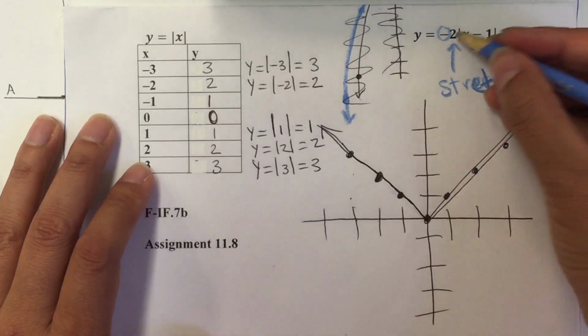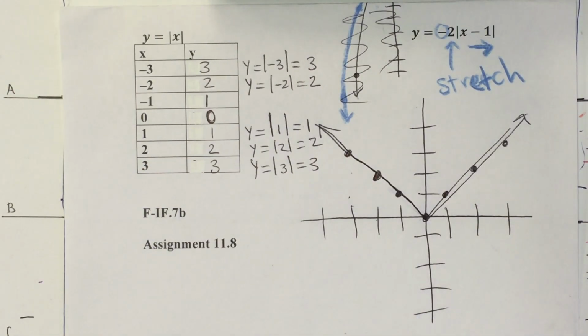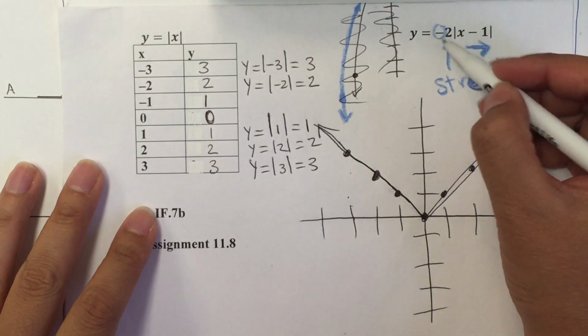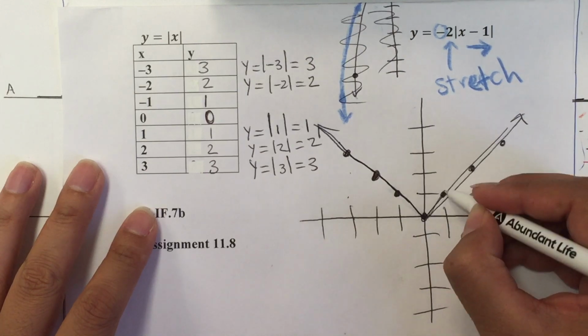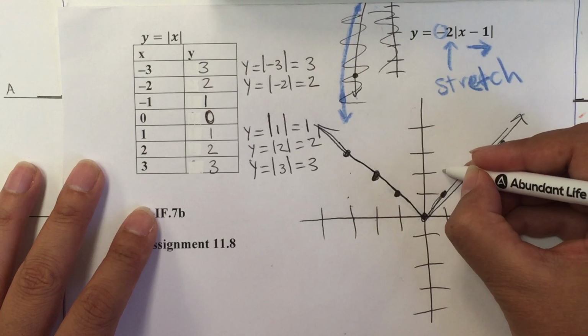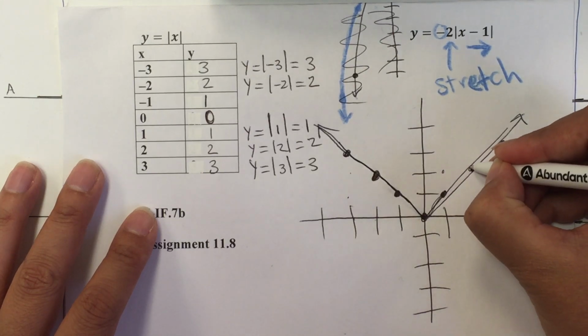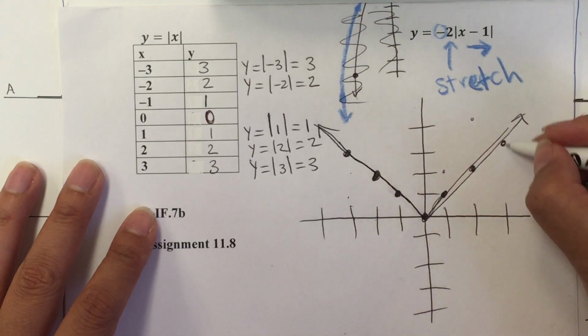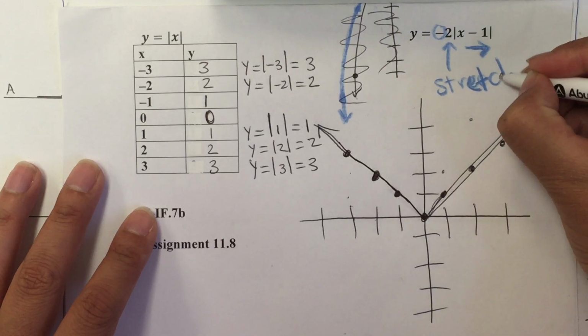So it's double as much, okay? And I think I want to do the stretch first, so that we don't get confused, because that's going to be the confusing part. When I multiply by 2, it just means double. So instead of being a 1, it's going to be a 2. Instead of being a 2, it's going to be a 4. Instead of being a 3, it's going to be a 6.